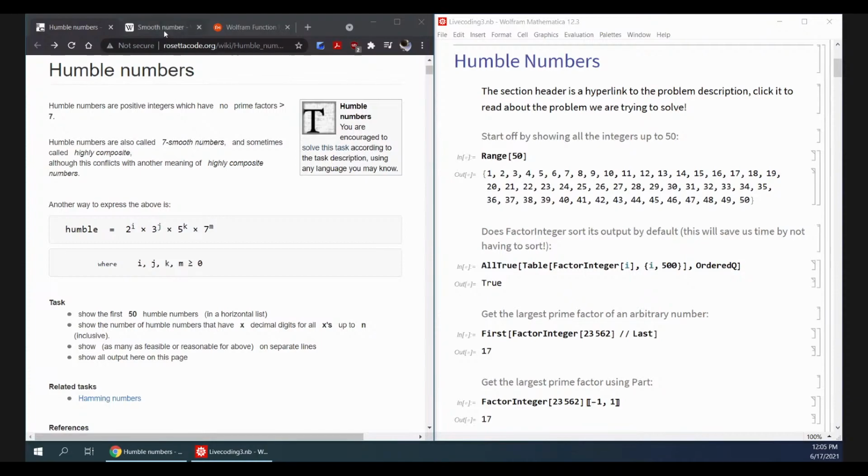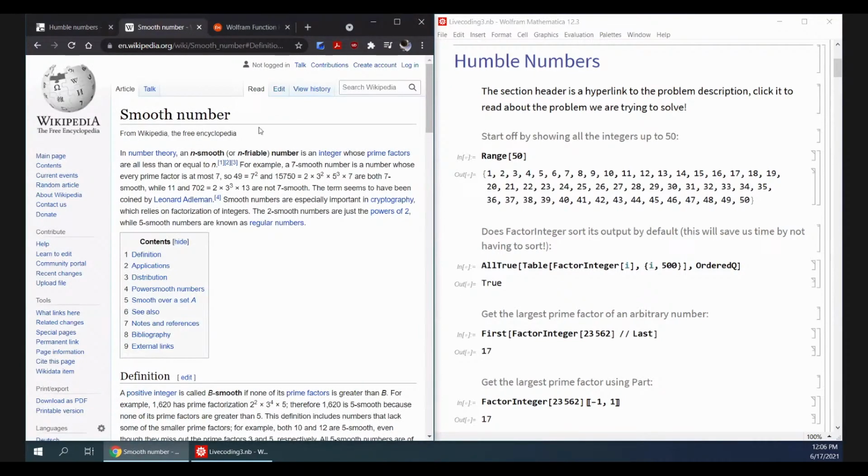And let's just talk about humble numbers a little bit more. So we're looking and making sure that it doesn't have a prime factor greater than 7. And it turns out that humble numbers are actually a specific case of a more general thing called smooth numbers. So for example, an n smooth number has no prime factors greater than n.